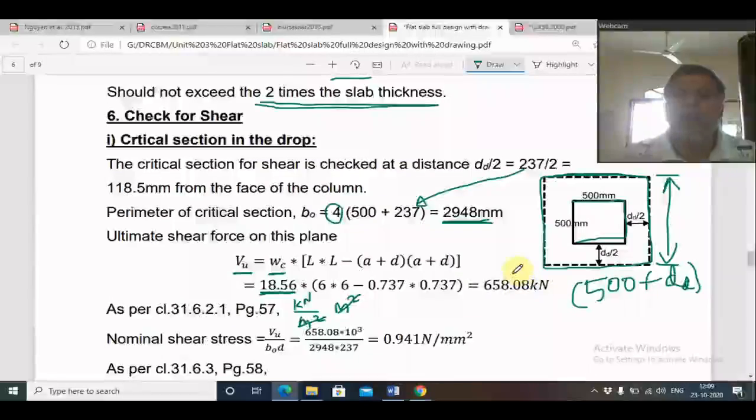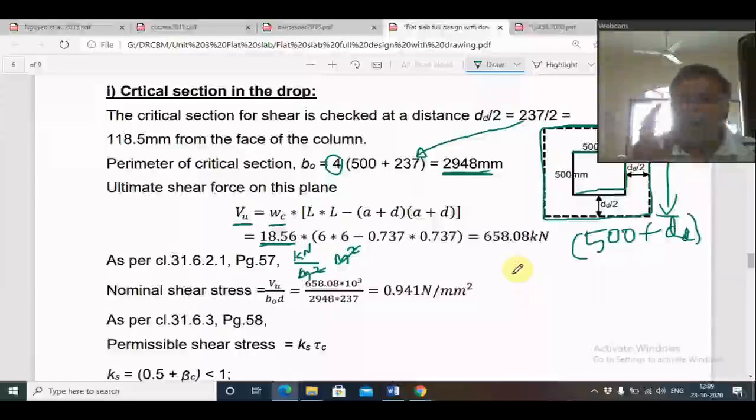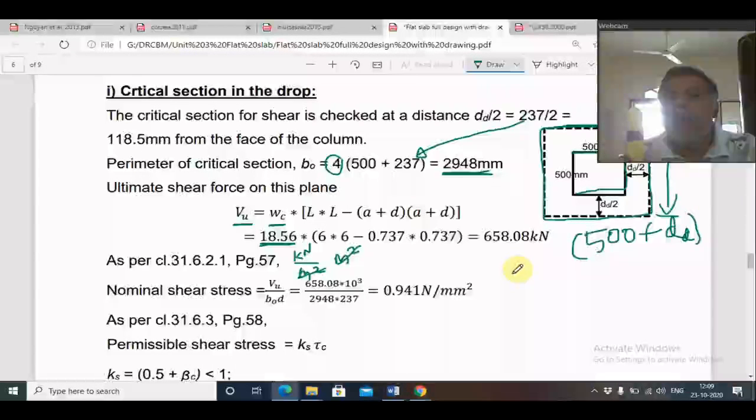Which area? I am considering only one column, which is an interior panel. The adjacent column to this one is 6 meter away from here, again 6 meter away, in all directions. So how much load will transfer to this column? The adjacent column is 6 meter away from here. So therefore half of the load, that is up to the 3 meter distance load, will be transferred to this.